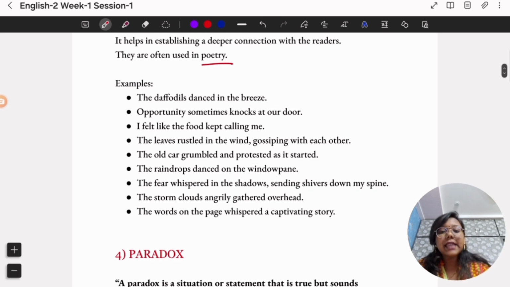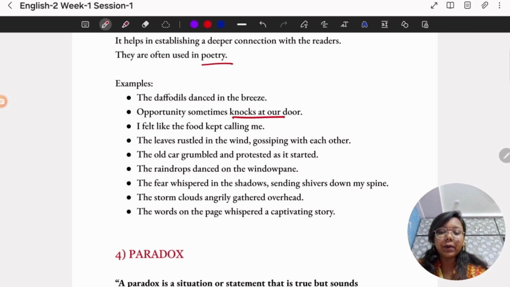The daffodils danced in the breeze. Opportunity sometimes knocks at our door. I felt like the food kept calling me. So the food doesn't call us. Food cannot speak. Opportunity does not knock at our door. Daffodils really do not dance.